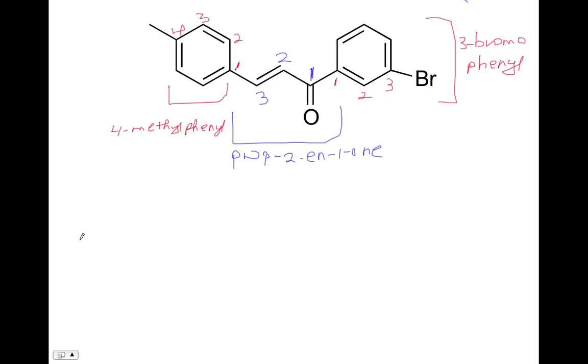And now we need to put all these things together in alphabetical order. For your 3-bromophenyl, it's on the first carbon there on the propanone, so it's 1,3-bromophenyl.